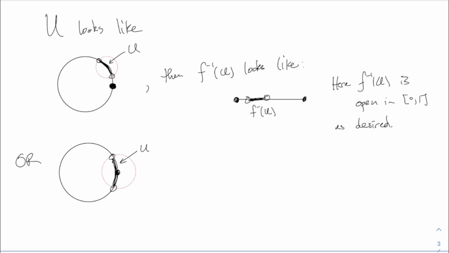And then we also just have to demonstrate in the second case what you get. In this case, then F inverse of U looks like, can anyone say this time? Someone else maybe?